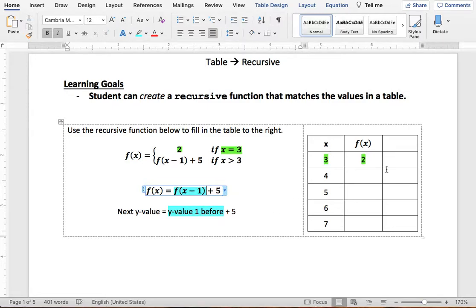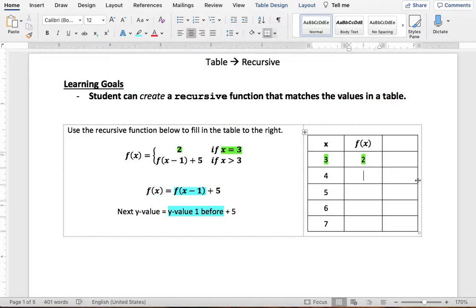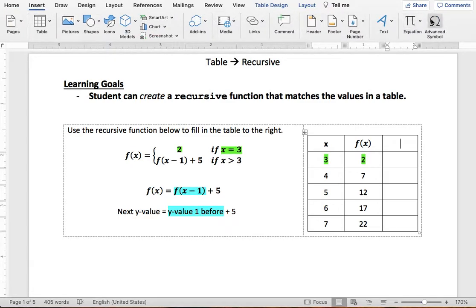Okay, so in order to get this, which is my next y value, I'm going to look at the y value one before, the 2, and I'm going to add 5 to it. So 2 plus 5, 7. This one, 7 plus 5, 12. 12 plus 5, 17, etc. Let's put in this column right here.